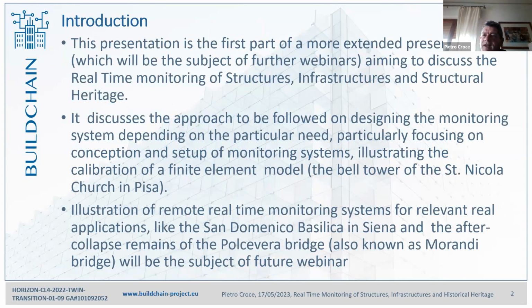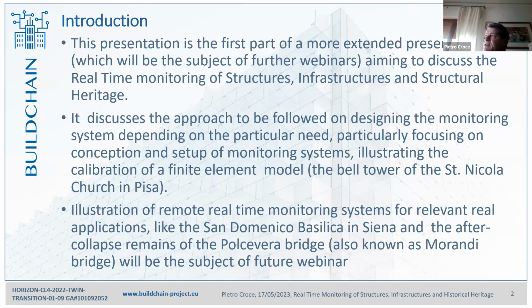And the aim is to discuss the approach to be followed in designing the monitoring system, particularly focusing on conception and setup. In this first webinar, I will focus on the calibration of a finite element model of the bell tower of the St. Nicholas Church in Pisa, which is a very important historical monument. It's a bell tower from the 11th century.